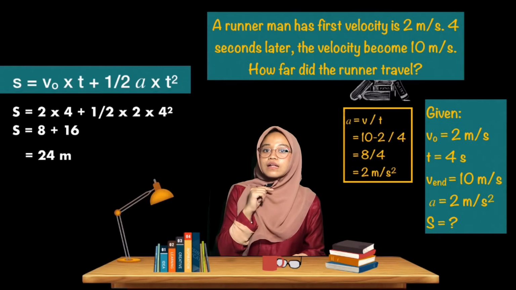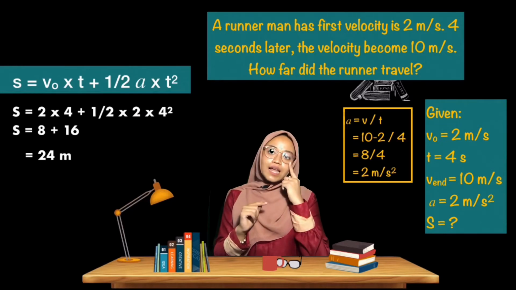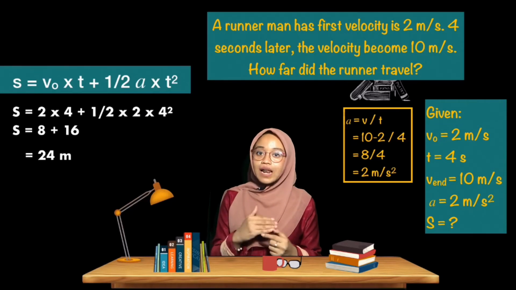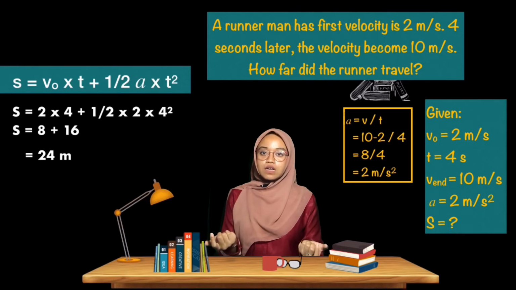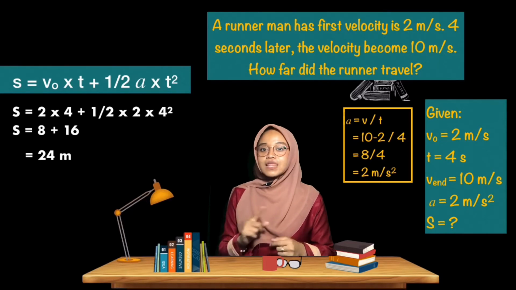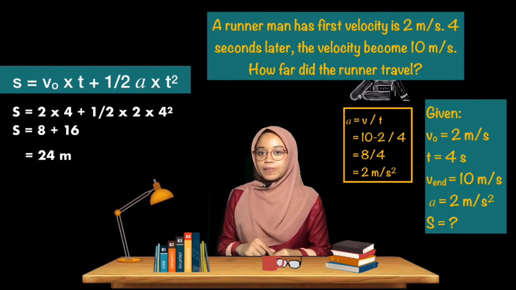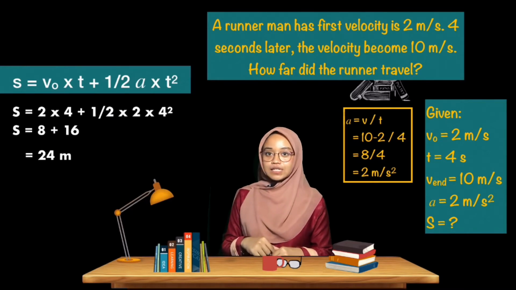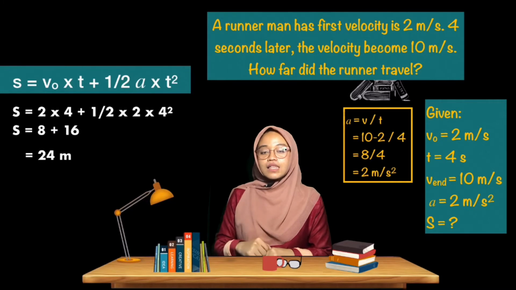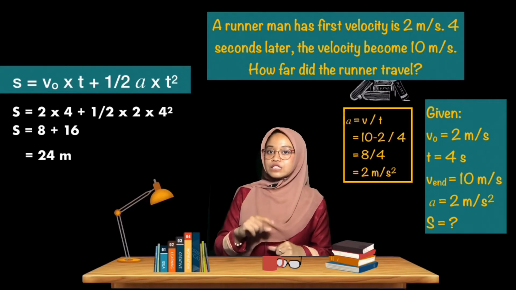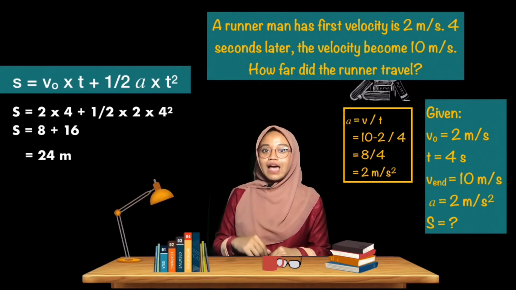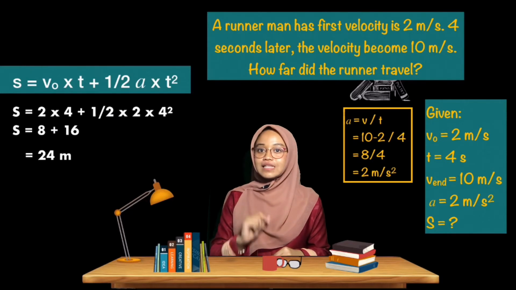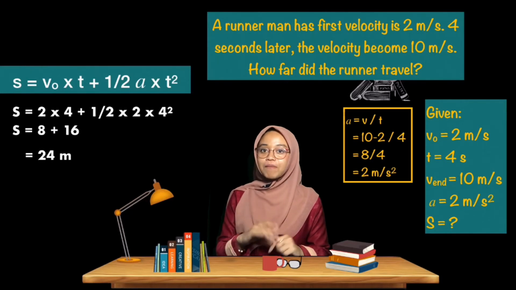Okay, let's write the given first. The given in this question: first velocity is 2 meter per second, the time is 4 seconds, and the end velocity is 10 meter per second.